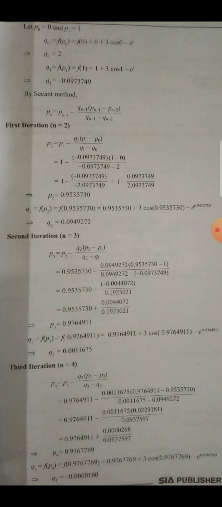Next, substitute the values of p2, q2, p1, q1 in the above.